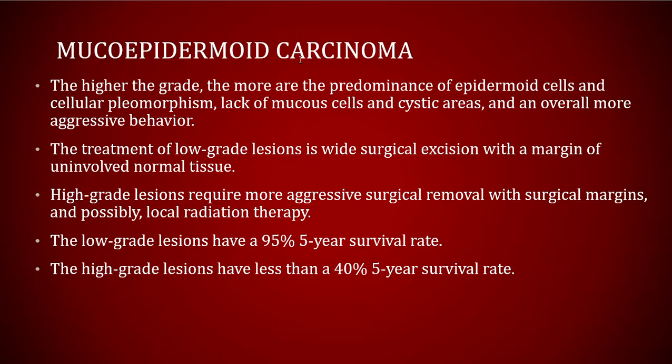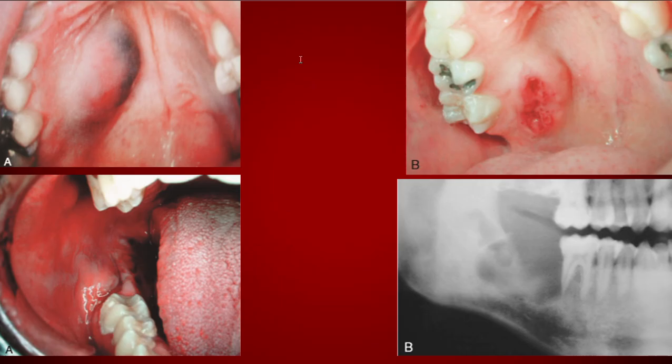Low grade is treated with surgical excision; high grade needs more aggressive treatment with local radiation therapy, sometimes neck dissection if there's lymph node involvement, and so on. The low-grade lesions have a 95% 5-year survival rate, and the high-grade less than 40%. That's how it looks intraorally.